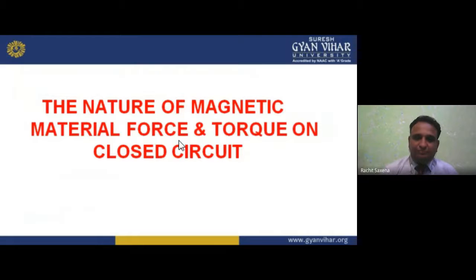Now, the nature of magnetic material force and torque on a closed circuit. First, we are going to study the nature of magnetic material force.